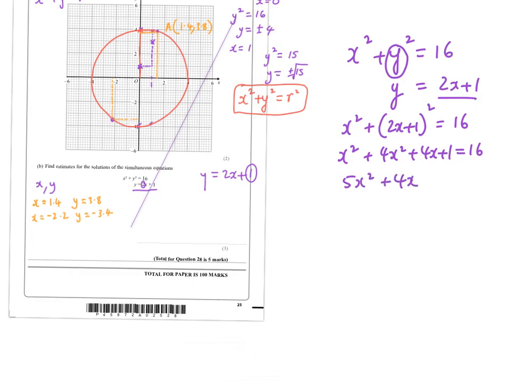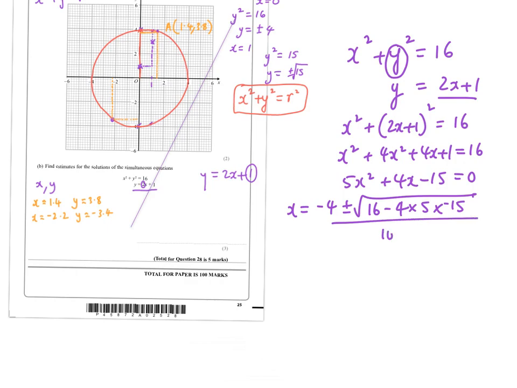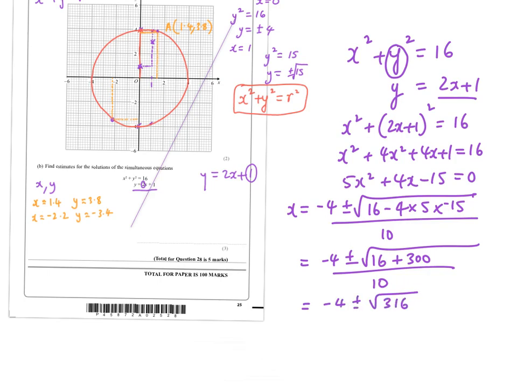So we'd have this here, which we could then put into the formula, and we'd have b squared 16 minus 4 times 5 times negative 15 all over 10, which would be minus 4 plus or minus 16 plus 300 all over 10, which would be minus 4 plus or minus root 316 over 10, and then 4 goes into 316 79 times, and then we can halve the top and halve the bottom, and we should be there.